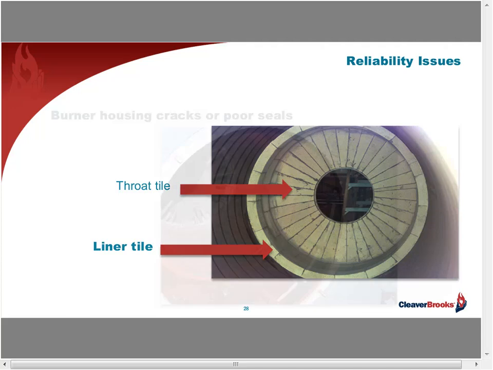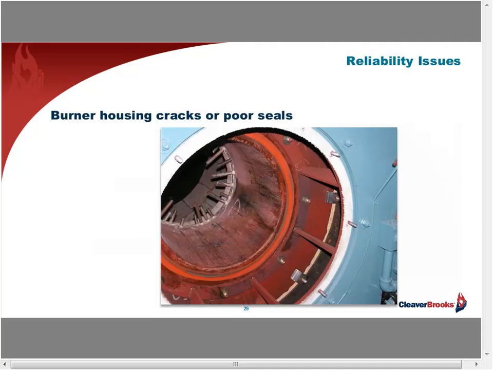Now, the throat tile I just showed you, it fits inside and around the steel burner housing. And if compromised, including its sealing, the housing can overheat, in which case the steel will crack, and leads to combustion problems. And again, unwanted downtime for both service and repair.